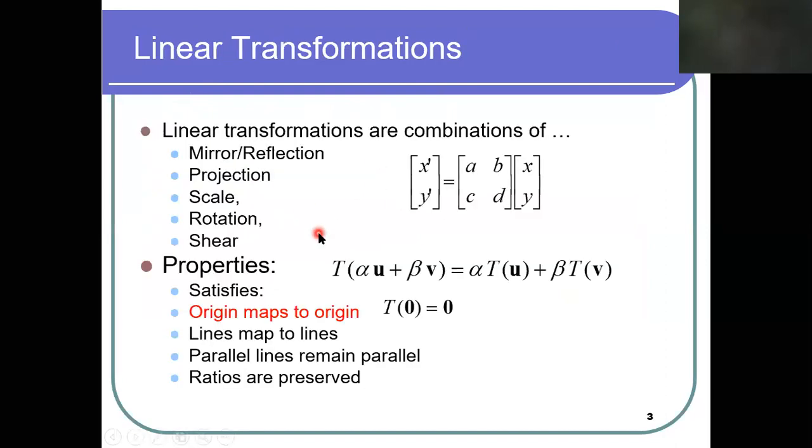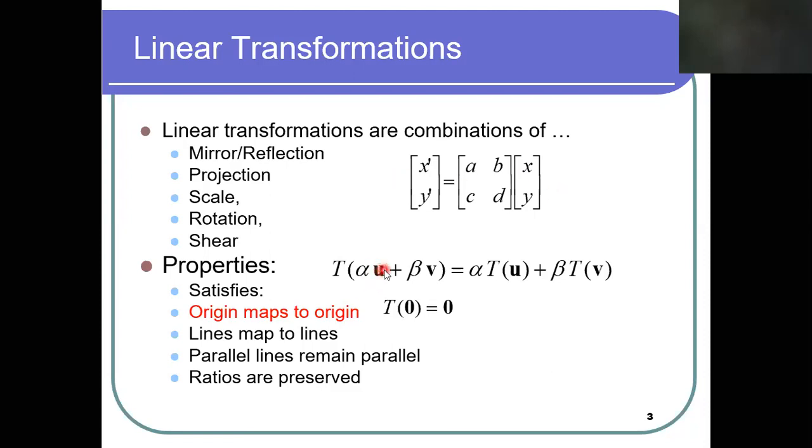So linear transformation, dear students, can be represented by 2 by 2 matrices, or by n by n or m by n elementary matrices. Linear transformation has some properties: it is a combination of reflection, projection, scaling, rotation, and shear.